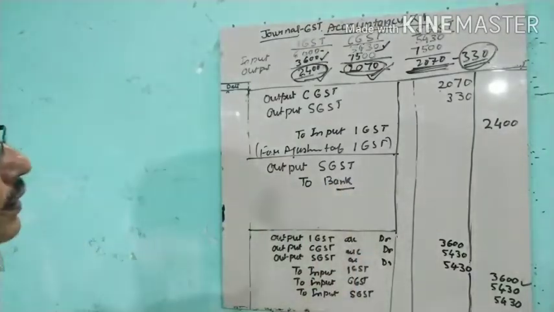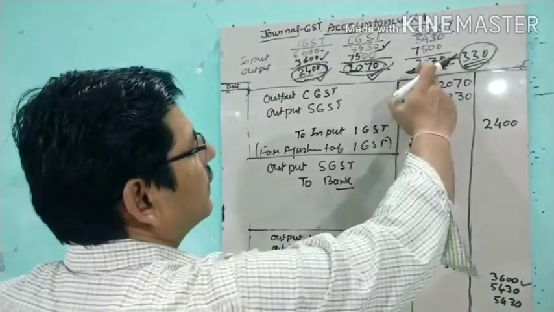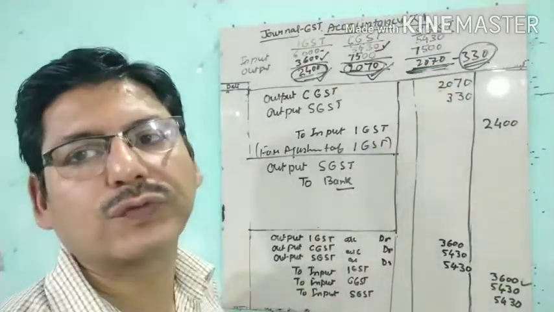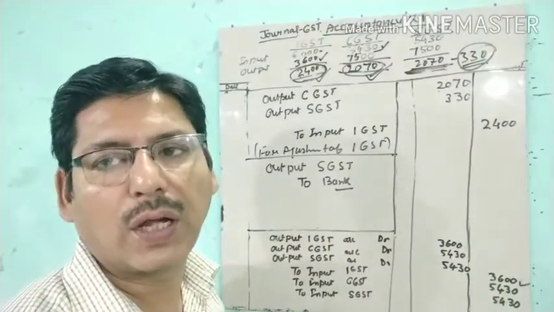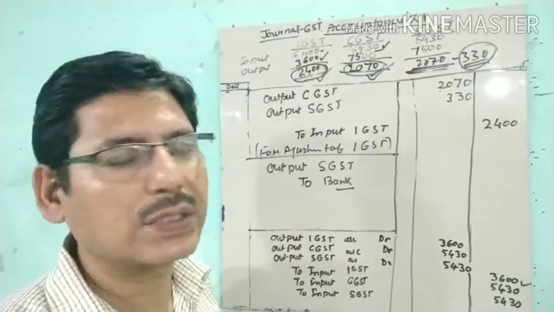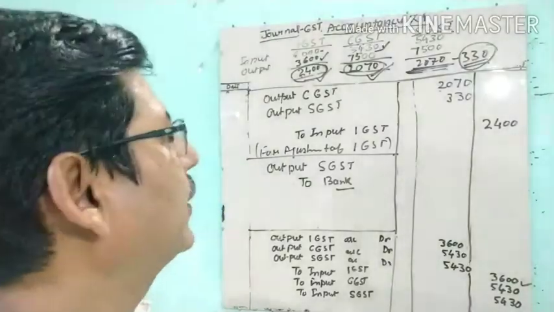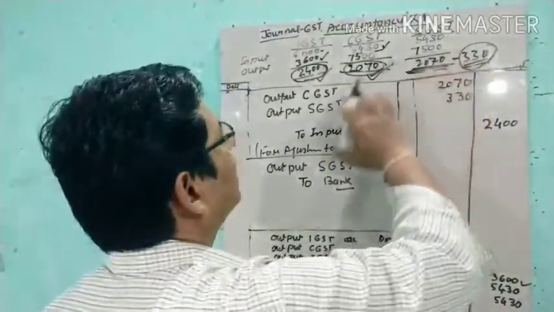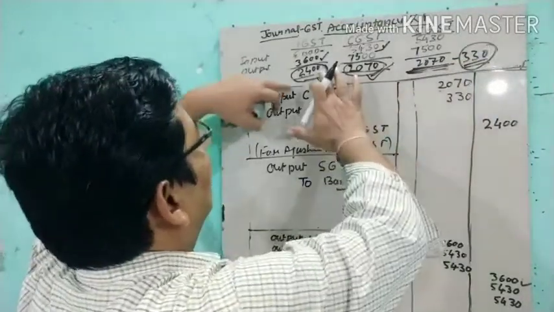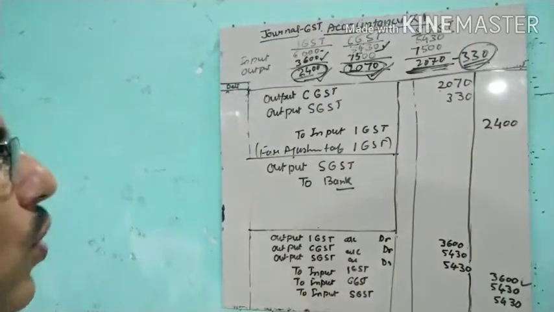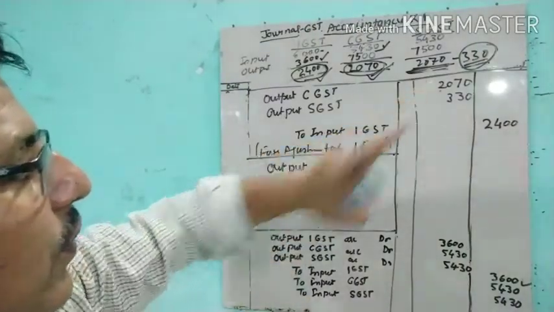Okay. Now out of this 2,070 that we received more than what we paid in the purchase, 330 has been adjusted for this IGST. So how much remains now?